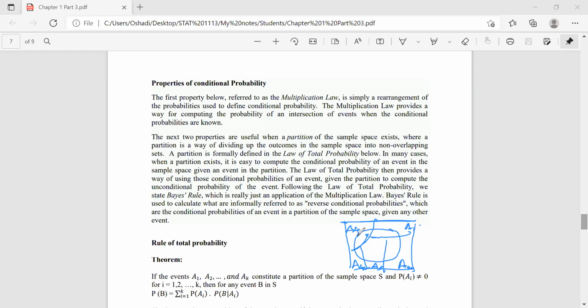The sample space has been partitioned, and another event has occurred, right? So we have the conditional probability of occurring B, given the partition. Those probabilities are given, right? So we have to find the unconditional probability of event B, that means P(B).